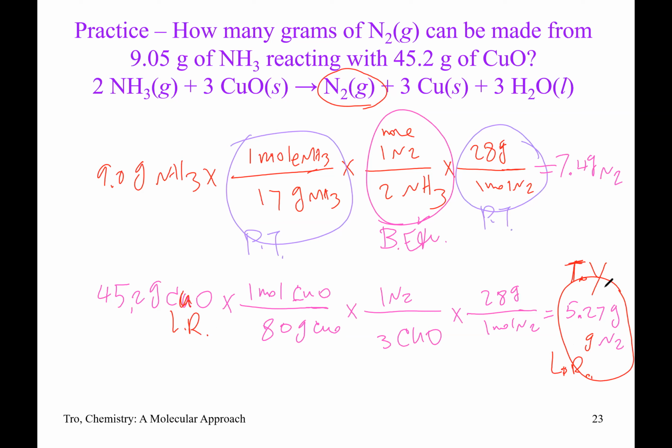Why is that considered the theoretical yield, and why isn't the top number 7.4 considered? Theoretically, you cannot make 5 sandwiches if you only had 8 slices of bread. Before that, you're going to have some leftover ammonia, but CuO will be consumed, and as soon as CuO is consumed, the reaction is going to stop.